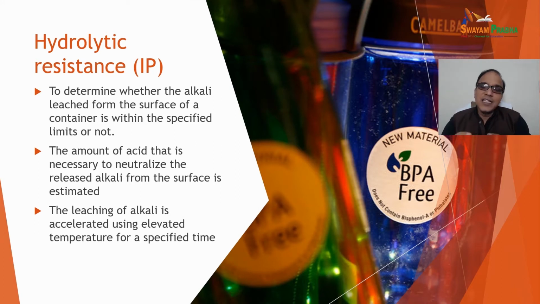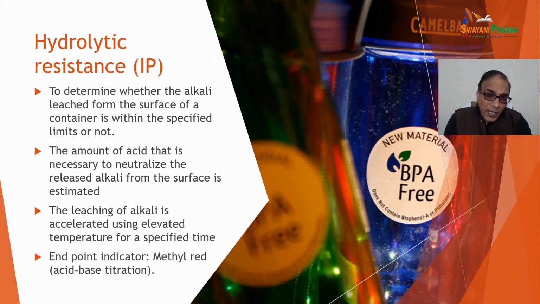The leaching of alkali is accelerated using elevated temperature for a specified time in this particular test. The endpoint indicator used here is methyl red, which is used in acid base titration. Remember this.